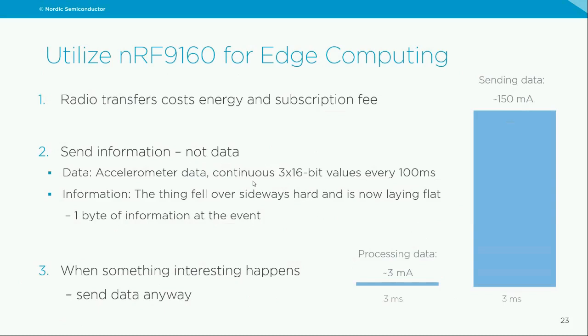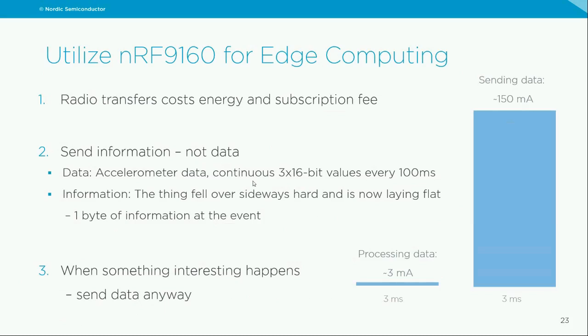At the same time, when you design your application, you need to understand enough of your application to build in some way for the application to understand when something interesting has happened. So when you connect sensors to your application and you analyze your application requirements, there is a typical behavior and a typical response from those sensors, and there's perhaps some non-typical response.